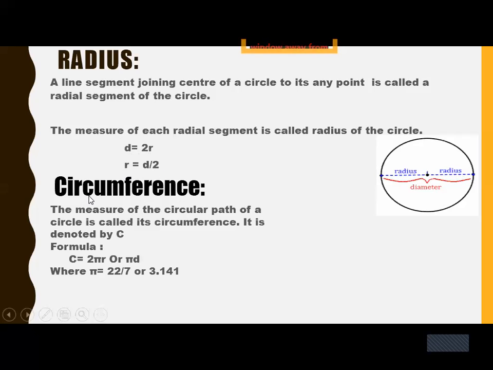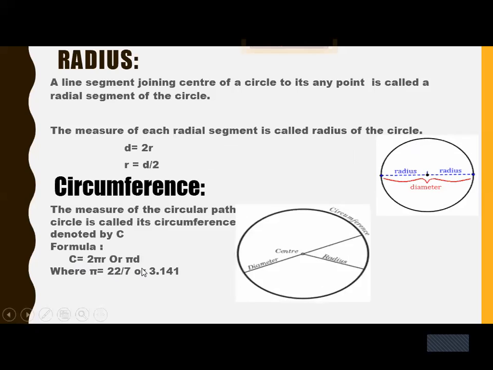And what was circumference? The measure of the circular path of the circle is called its circumference. And how can we find the circumference of the circle? By this formula, c is equal to 2 pi r or pi d.